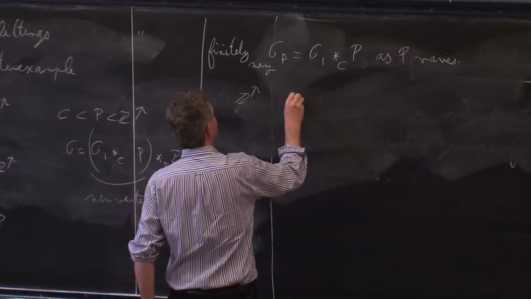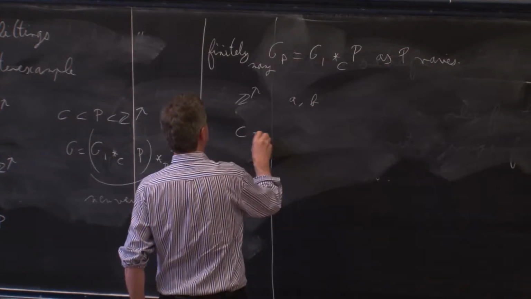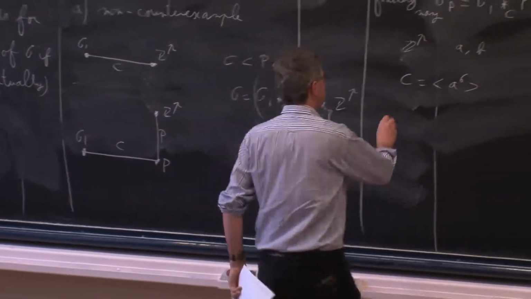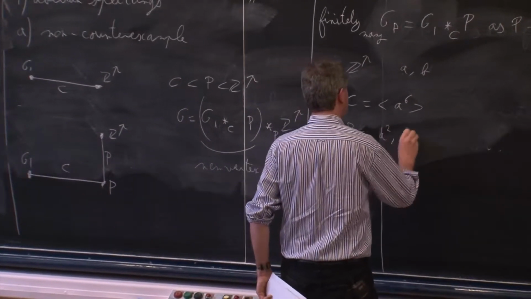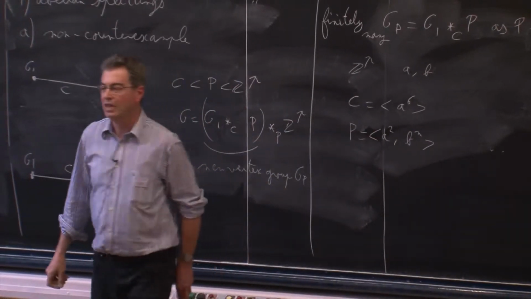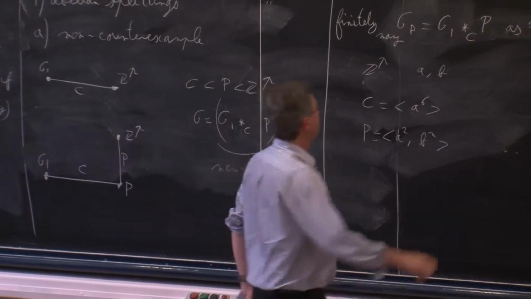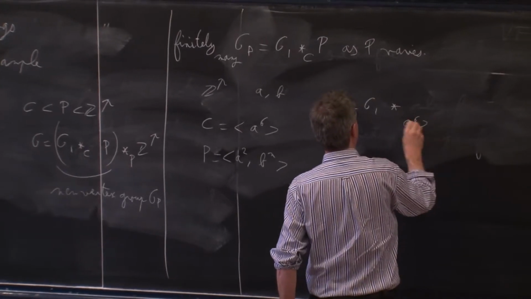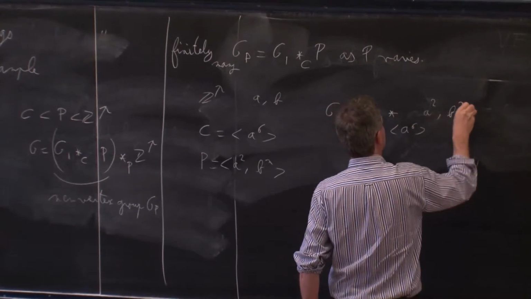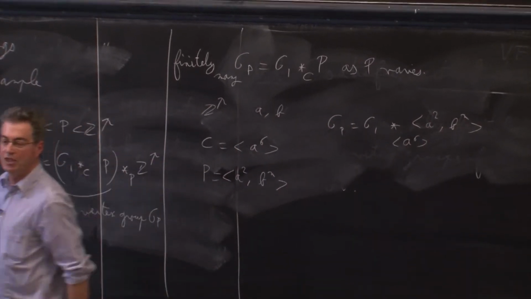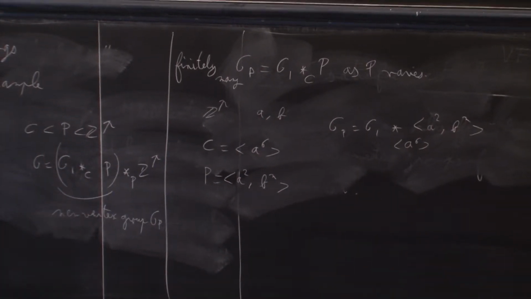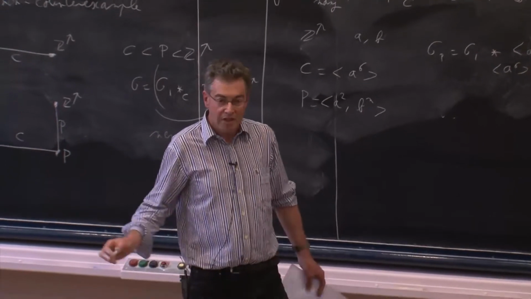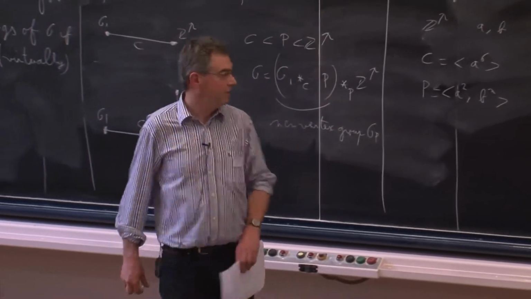Suppose ZP is generated by A and B, and C is generated by A to the 6, and say P is, let's say, A squared, B to the n, where n is an integer. Then my group GP is just G1 amalgamated over A to the 6 with A squared, B to the n, and of course this group GP doesn't care what n is, right? So even though I have infinitely many n's, I only have one group up to isomorphism. So this is not a way of getting infiniteness.